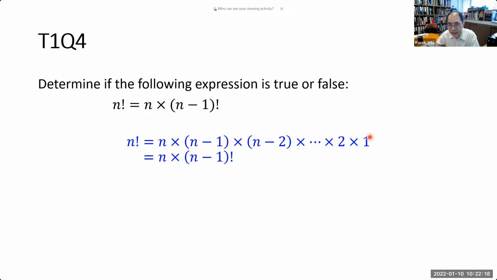This is exactly the definition of n minus 1 factorial. So you can replace this by the definition, n minus 1 factorial. So n times n minus 1 factorial is what we want to prove on the right-hand side. They are exactly the same, so we say that this is true.